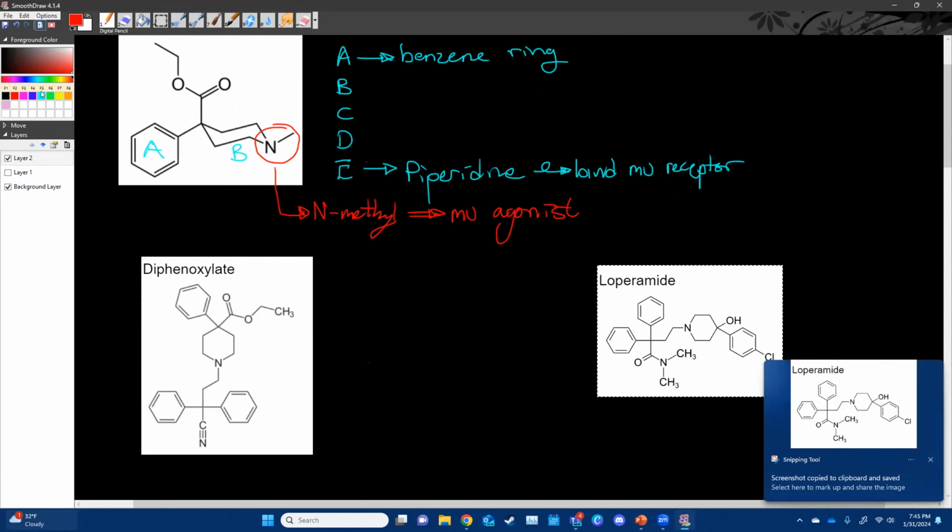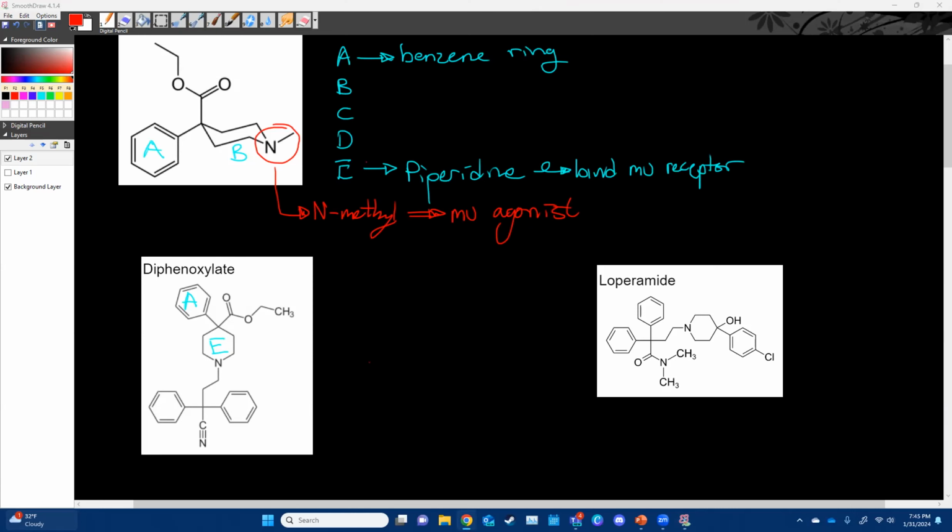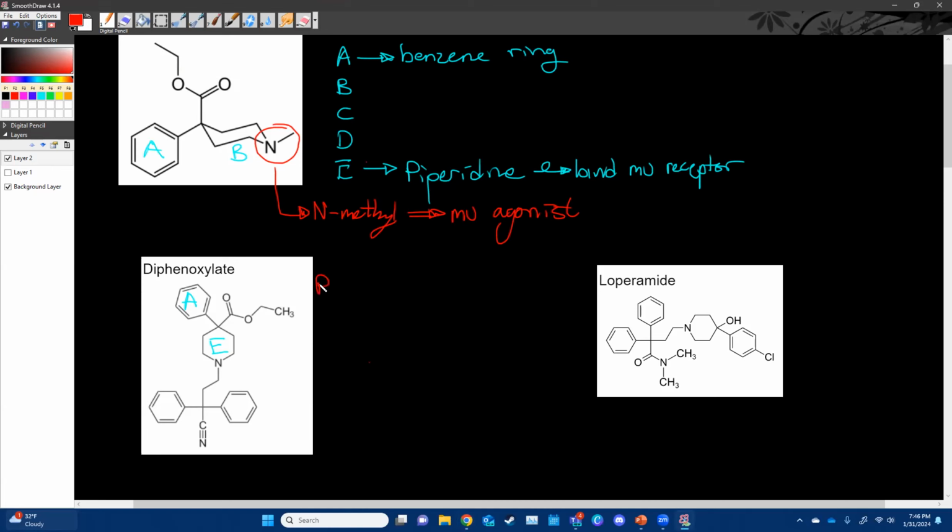Same sort of situation where, again, we're keeping ring A and E. So here's ring A. Here is ring E. The big thing here is that diphenoxylate is used for its peripheral mu activity. And this is actually something we should talk about.